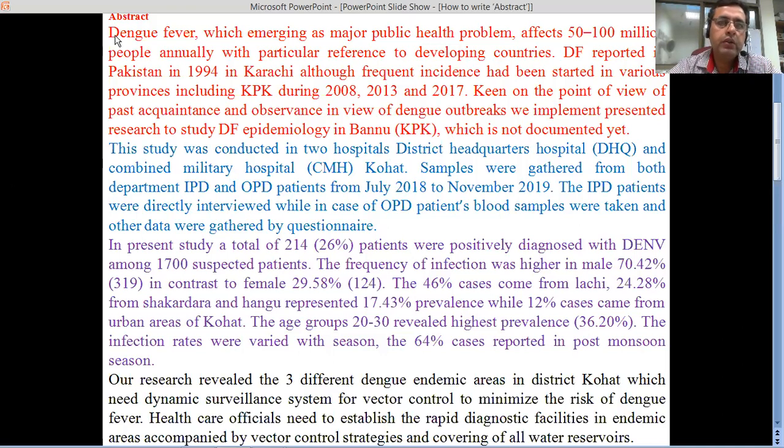So if you look at the red text in the beginning of the abstract, this actually provides the background of your abstract, your entire work. So you have to be very brief with this background when you are writing an abstract.